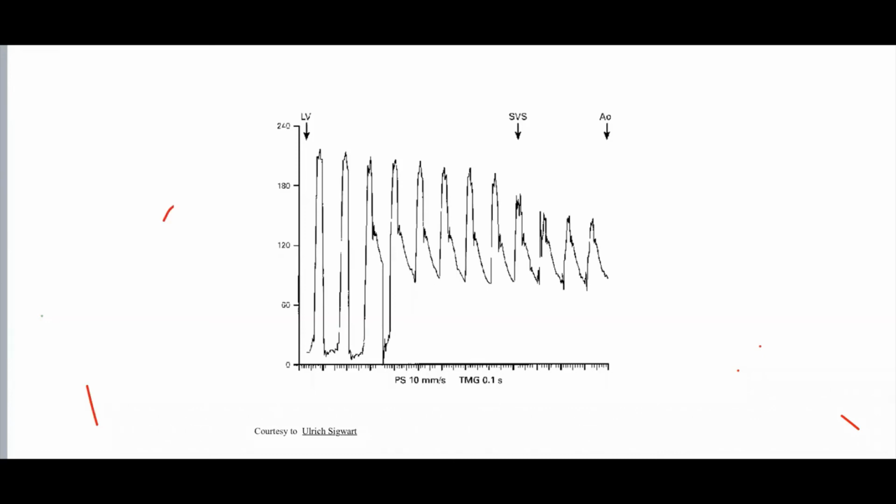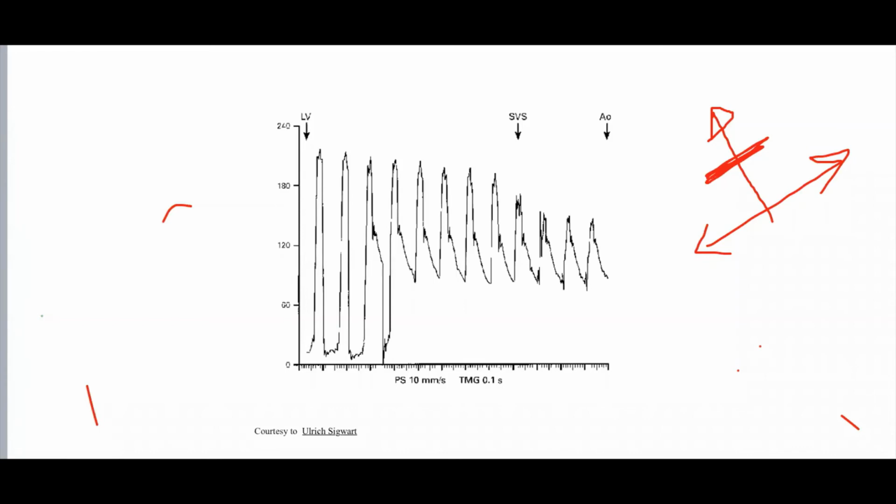In a patient who has HOCM, what happens? The fixed obstruction means what? It means the velocity across the aortic valve will be uniformly high across the entire systolic period. All the systolic period, the velocity is high because it's fixed obstruction. Now, in dynamic obstruction, the velocity changes across systole.